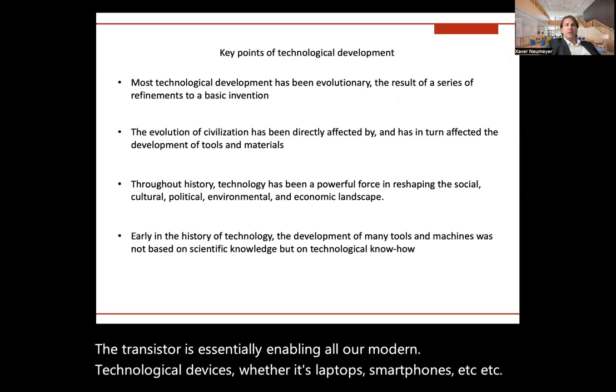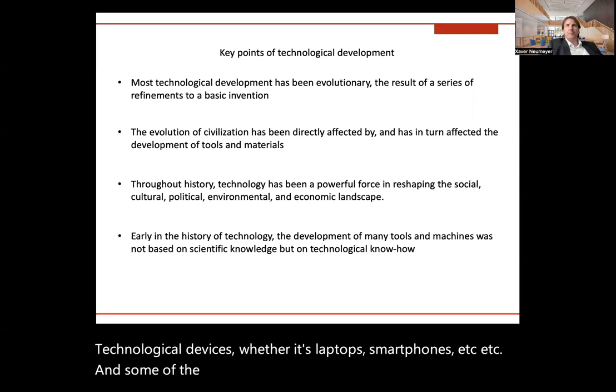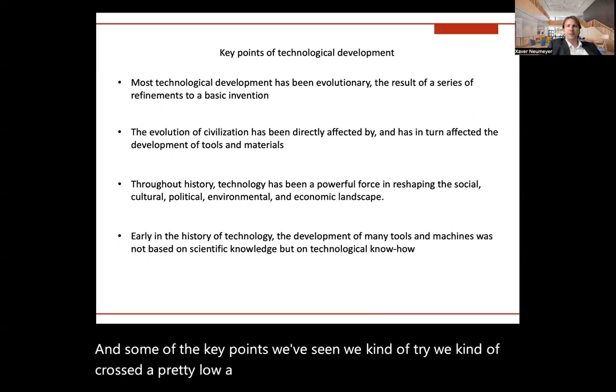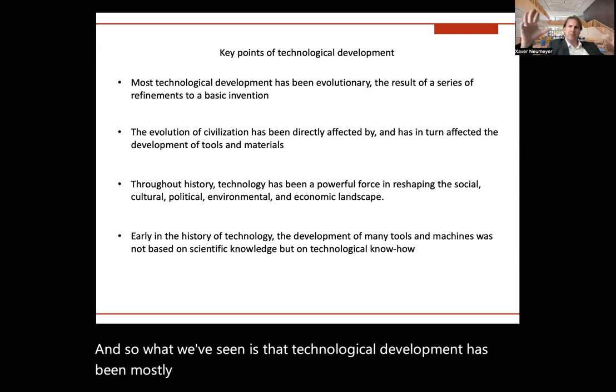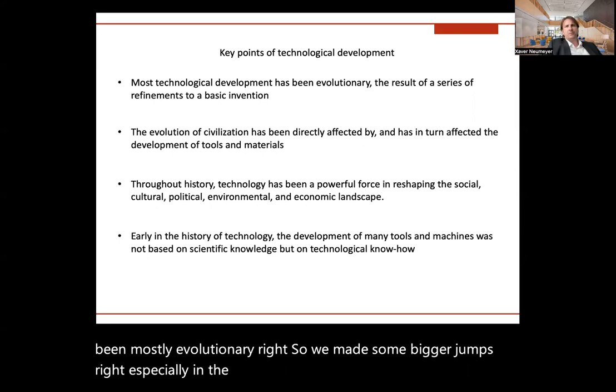And, you know, some of the key points: we've crossed a pretty large period, right? 500,000 BCE to today. And what we've seen is that technological development has been mostly evolutionary, right? So we made some bigger jumps, especially in the last couple of hundred years, and we'll talk about this in just a minute.